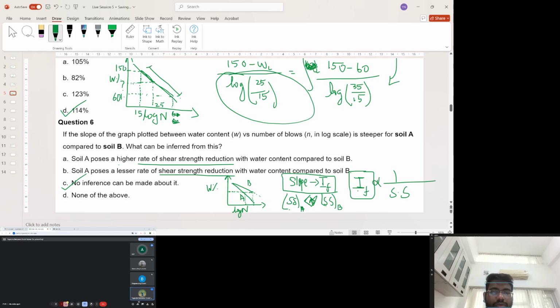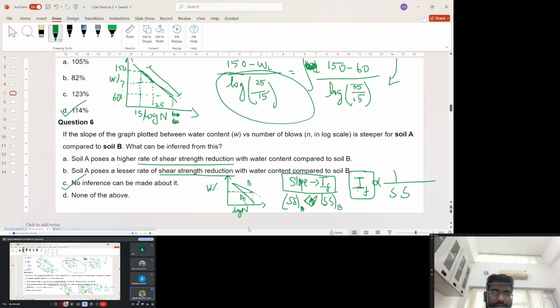You can quantify from these graphs that the shear strength of A can be lesser than the shear strength of B, but you cannot comment on the rate of shear strength reduction. So that is why the option would be option C. You cannot comment on how shear strength is reducing with water content here.